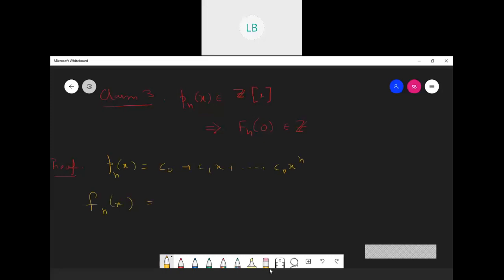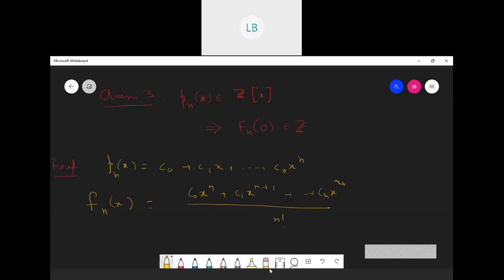It is x power n times this, so let me write it like this: c0 x power n plus c1 x power n plus 1 till cn x power 2n, right? So now, by definition, this capital F_n thing is the alternated sum of the even derivatives of small f. So we need to calculate the even derivatives of small f in order to find the capital F.